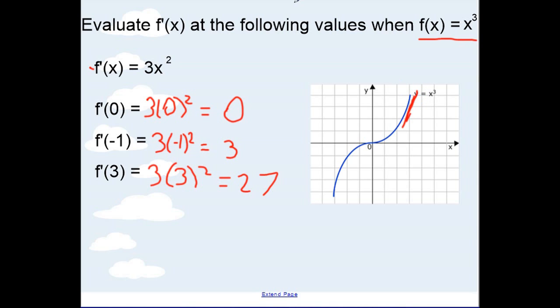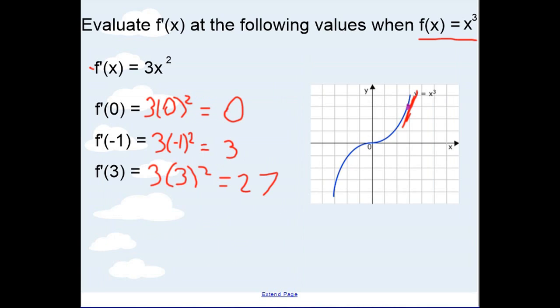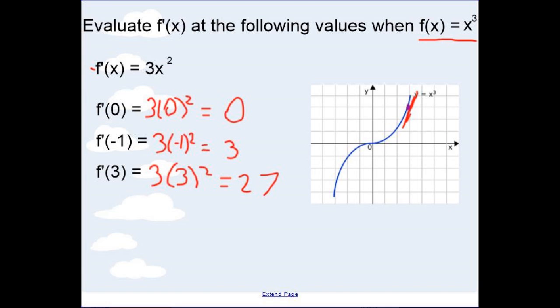So at this point where x equals 3 on our graph, it is increasing instantaneously at a rate of 27. So that's what I said up here, where it is our instantaneous rate of change of a function. At this moment, our function is going up at a rate of 27.